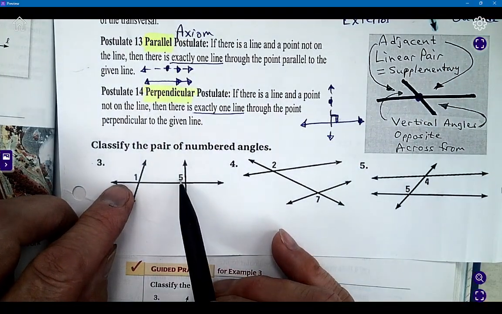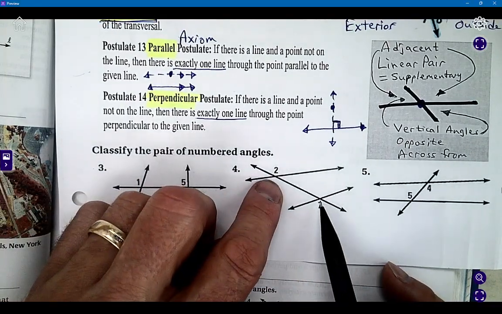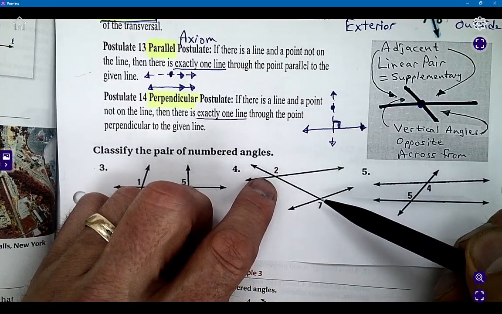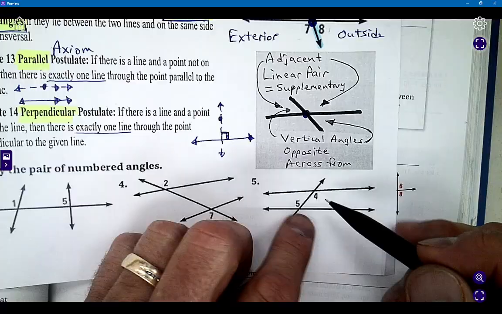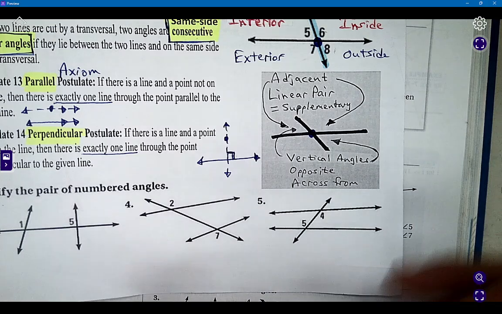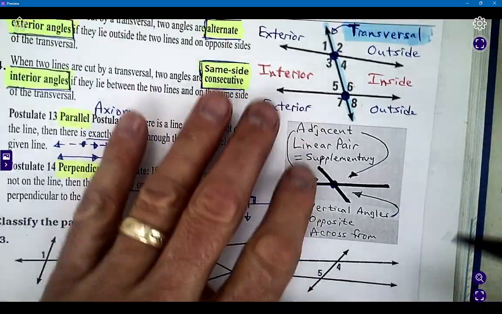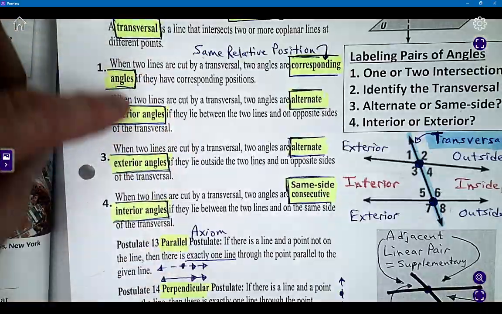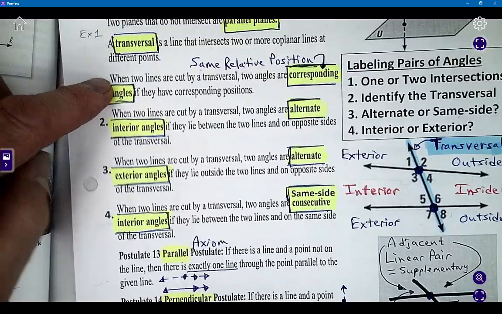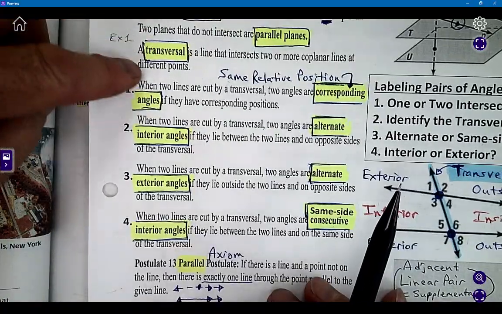Notice that for angles 1 and 5 there are 2 separate intersections. Same thing with angles 1 and 2, and same thing with angles 4 and 5. So we're not talking about any of this stuff here, that's only for one intersection. We're talking about these 4. So the answer you're going to put for each one of these 3 problems down here is going to be one of these 4.